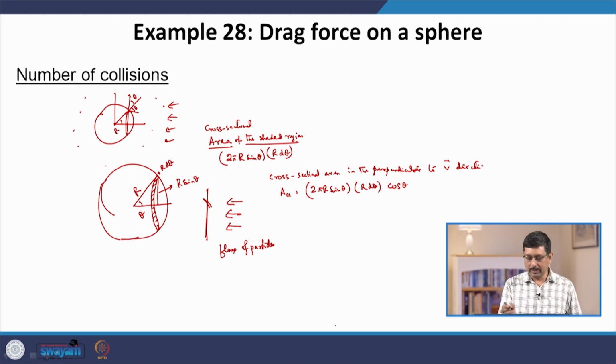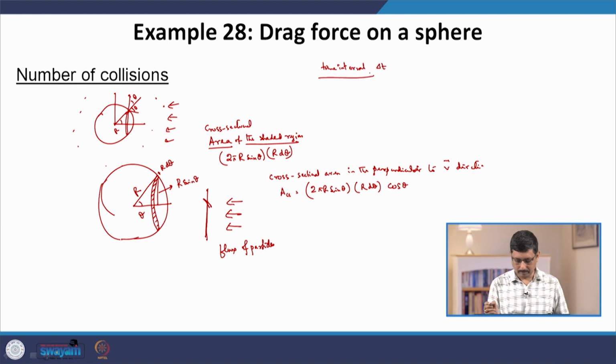Now, imagine that there are n particles in some volume. We are looking at a time interval delta t. In this time interval delta t, all the particles are moving with speed v.